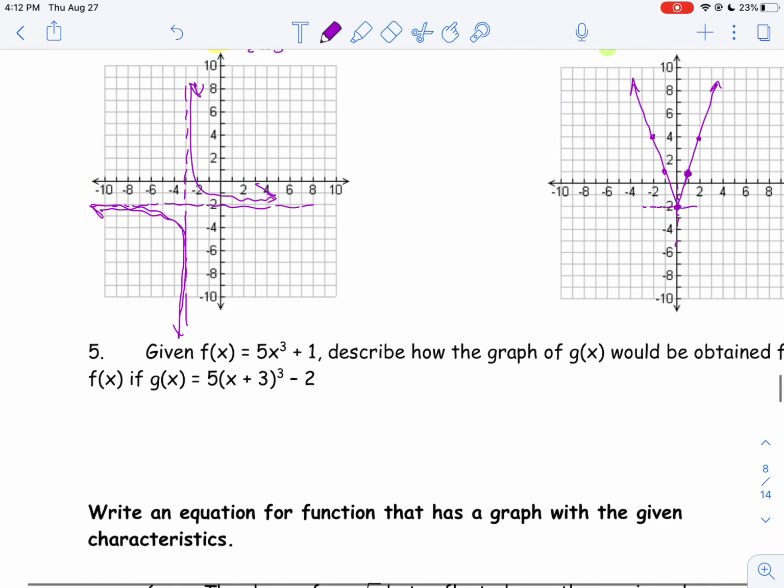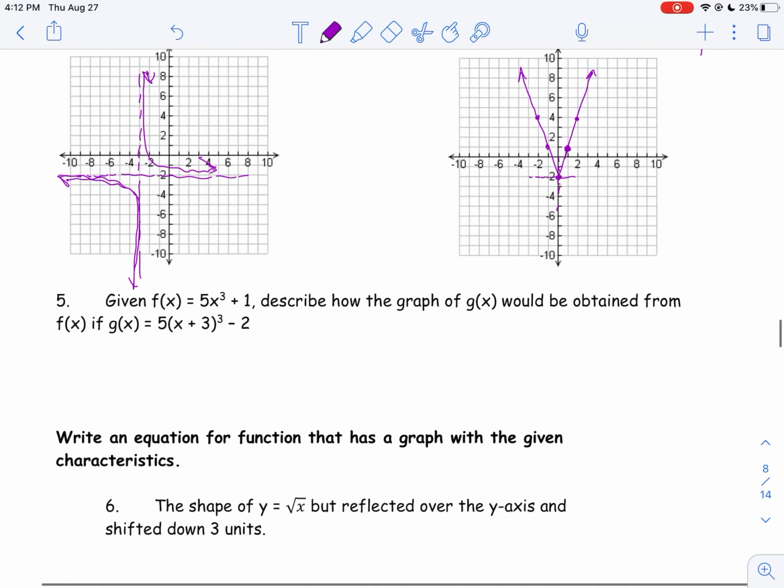Number 5 here, it says, given a function, f of x, describe how g of x would be obtained from f of x if g of x is equal to this. In other words, what would we do to this graph to get this graph? And if you look at them, you'll see some similarities, right? There's the 5s in both places.